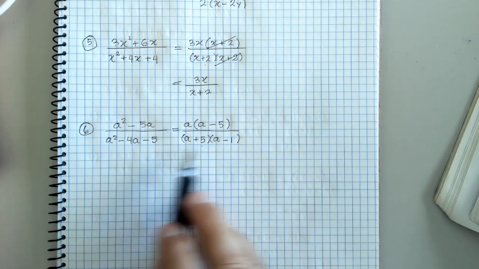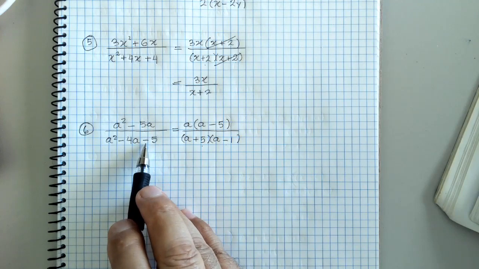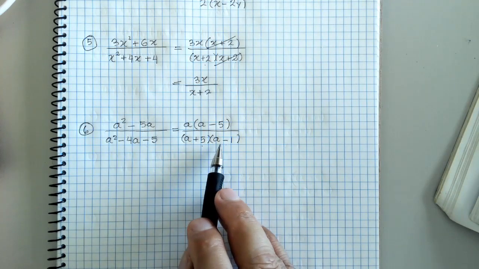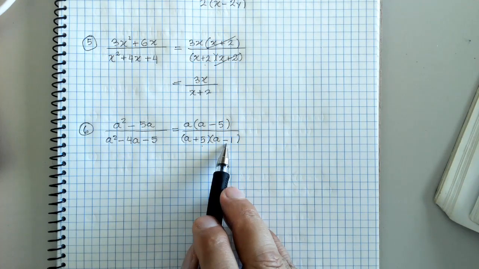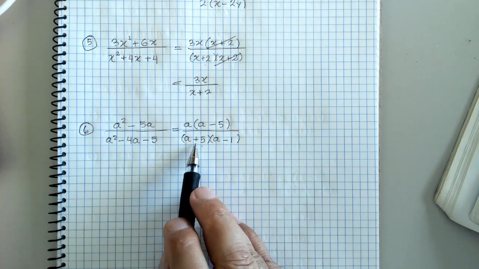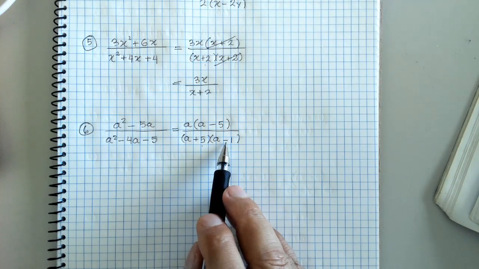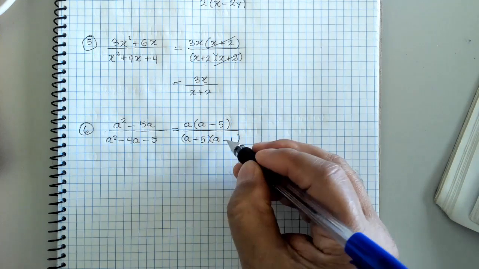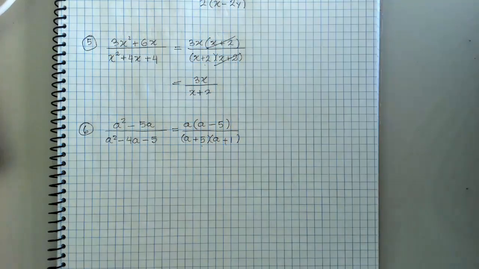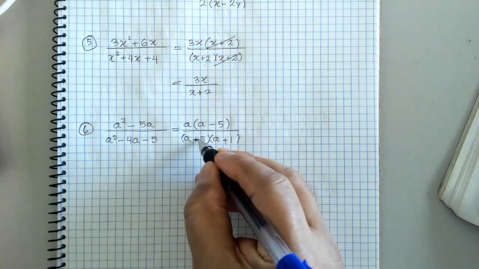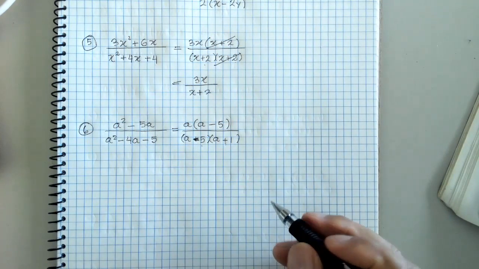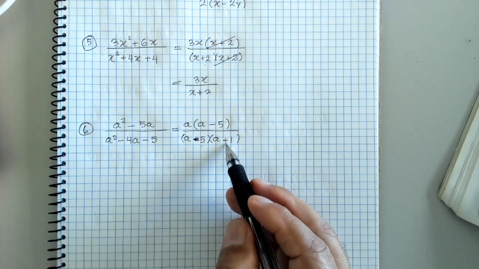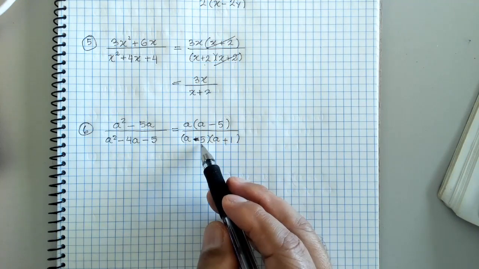Okay, let's check. 5 times -1 is -5, and 5 minus 1 doesn't work, so it should be the other way around. Okay, so this should be minus and this should be plus. So I'm gonna fix that. So this is plus, and this should be take away. All right, so this has to be +1 and this has to be -5.